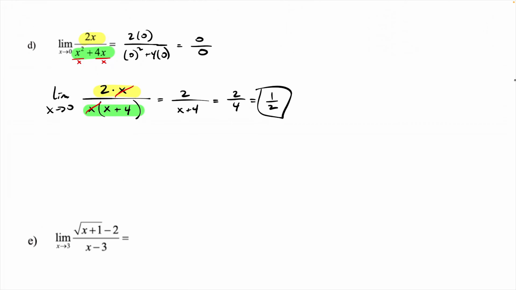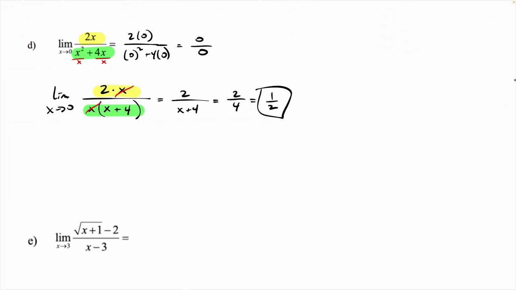We'll do E and F later. I'm not skipping E and F. I'm just taking a break because E and F are different types of problems. Same but different. So I want to give you guys another problem like that just to practice.